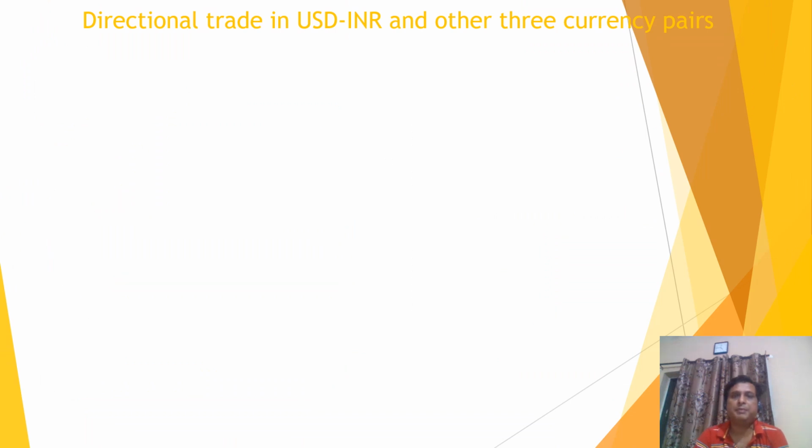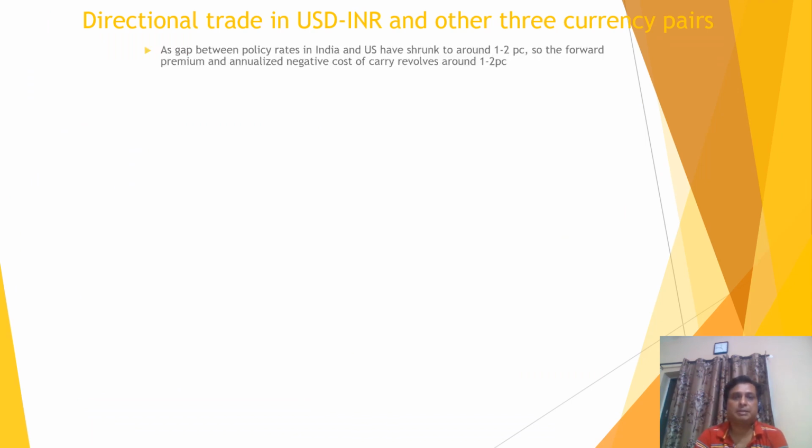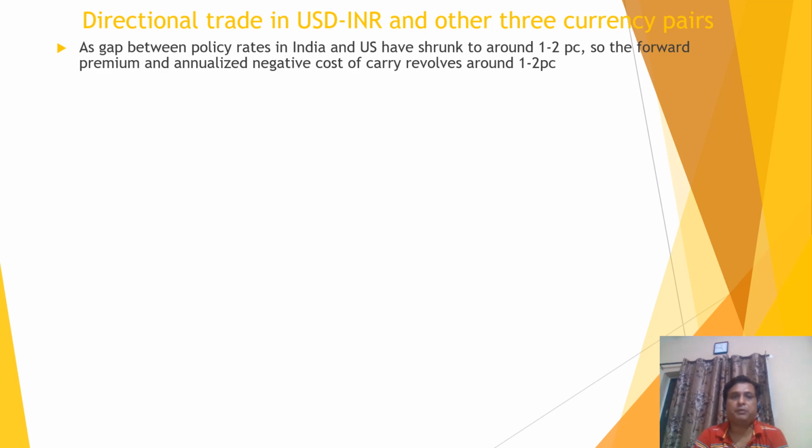Now let's examine how directional trade in USD-INR could be done and some broad strategies to be adopted. As the gap between the policy rates in India and US has shrunk to around 1 to 2%, the forward premium and the annualized negative carry cost revolve around 1 to 2%.